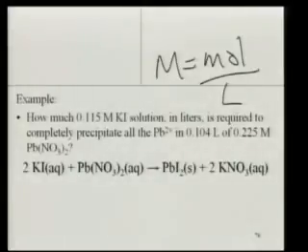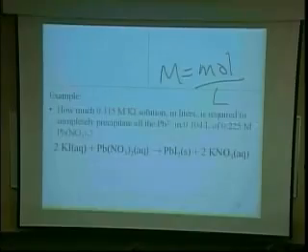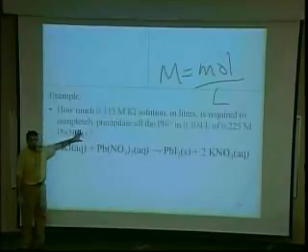Okay. Would I multiply those? Divide those? What? I would multiply them. To get moles, I bring that up. So I multiply those two together, and I would get a value in moles. Okay? So I've got moles right here. Moles of lead 2 nitrate.